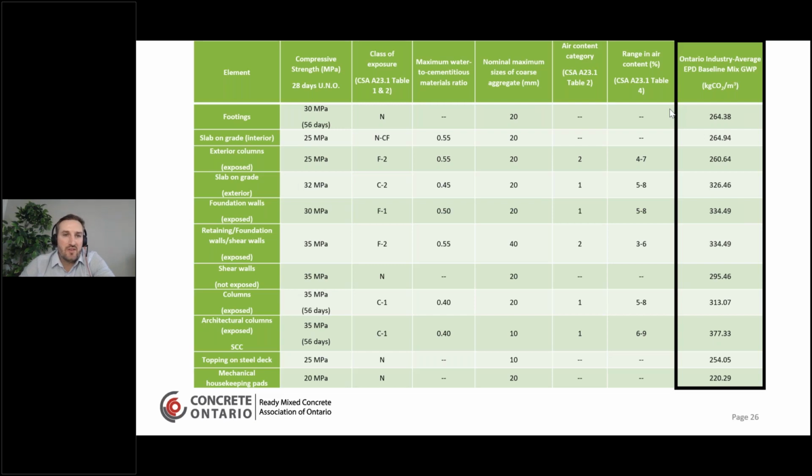So you go to the table, you look at, for example, a 25 MPa class F2 mix, you go to the table, whatever it is, and you look at what is the baseline for that mix, and you include it as part of your project specifications. So you still have to meet all the performance criteria associated with the class F2 exposure, but now you also have an industry average EPD GWP value that must be met on this project.